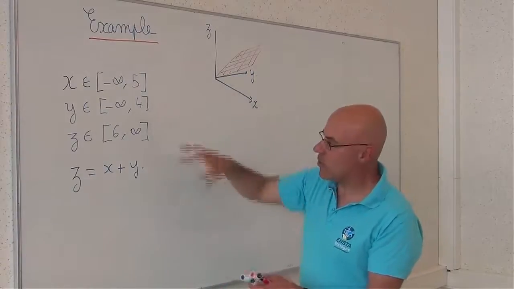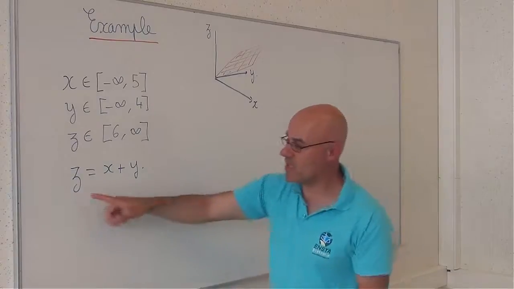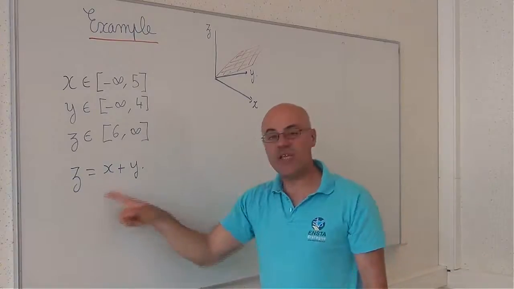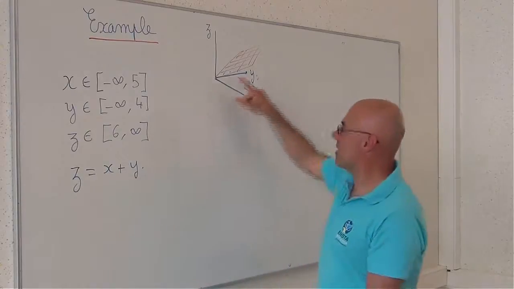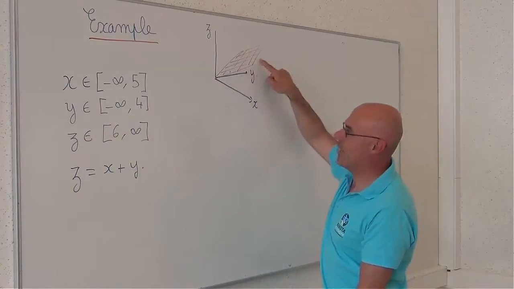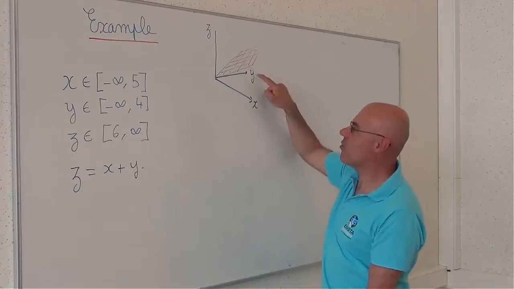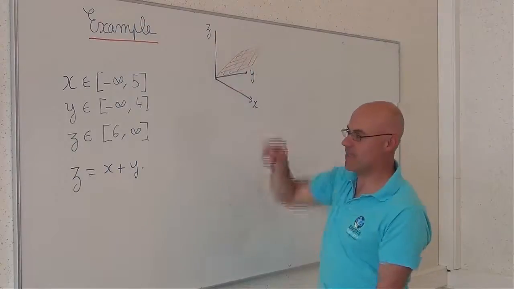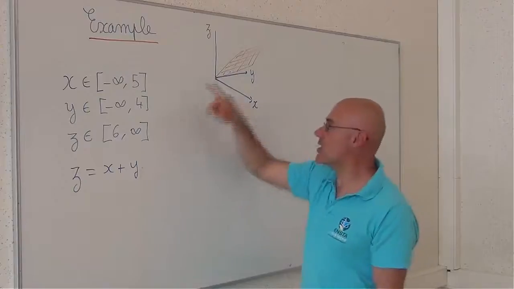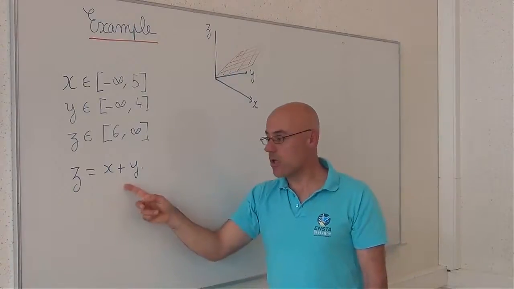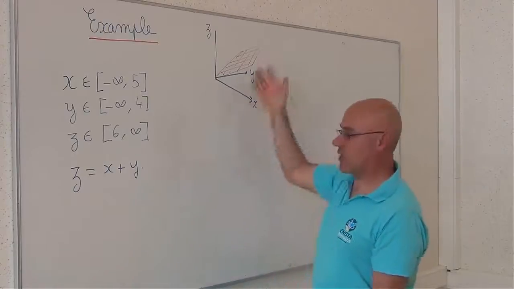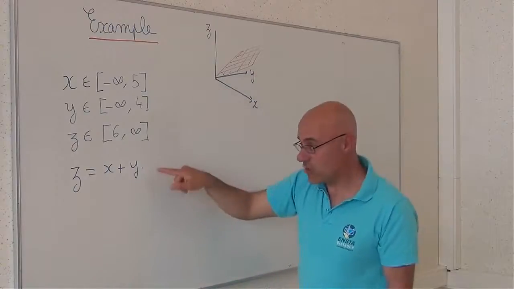It means to build a contractor associated with this equation. So this equation corresponds to a set which is represented here by the red plane in the x, y, and z space. So an equation corresponds to a set, and a contractor associated to an equation corresponds to a contractor associated to a set.